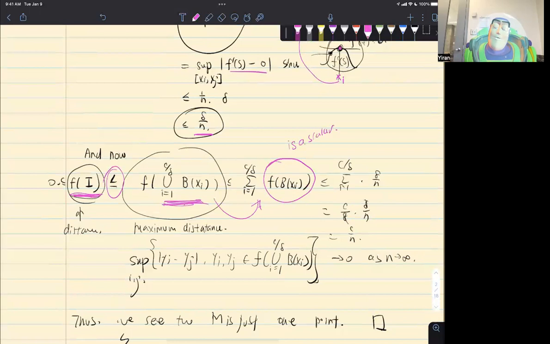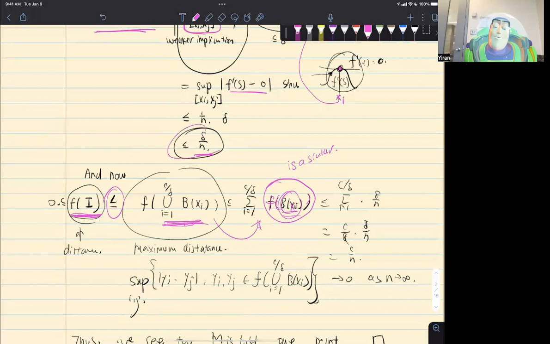It may be confusing. This just means the maximum difference when you evaluate 2 points from this neighborhood. So for each ball, no matter which 2 points you select from this ball, the difference is going to be smaller than delta, right? And then f evaluated on this ball is going to be smaller than delta over n, as we proved here.